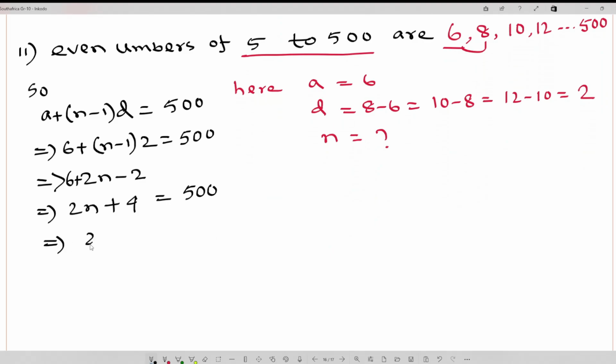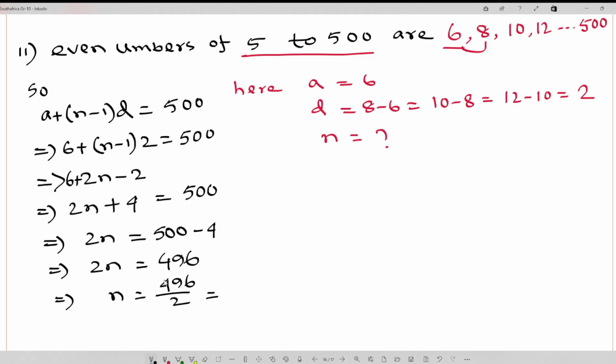Then 2n equals 500 minus 4, so 2n equals 496. Dividing both sides by 2, n equals 496 divided by 2, which is 248. So the first term is 6, the second term is 8, and the 248th term is 500.